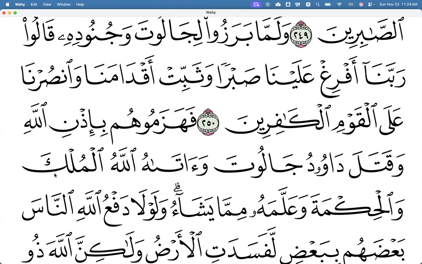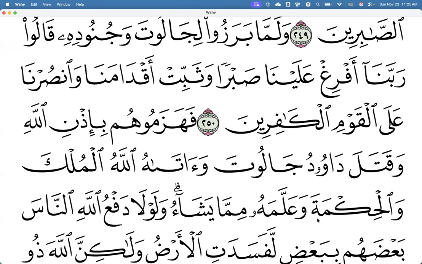Kingdom. Another object. Another maf'ul bihi. Did you see the fatha? It's the object. So the fi'l is giving. Allah gave him what? Al-Mulka, the dominion or the land or the area. Allah gave him kingship. He became a king.